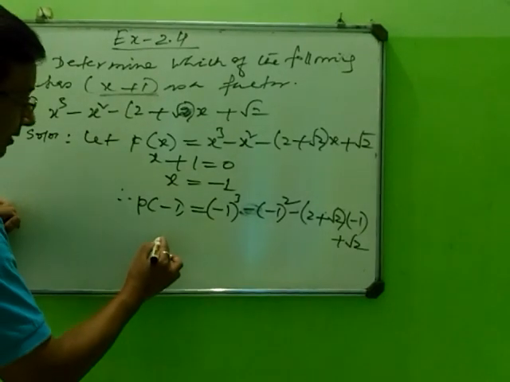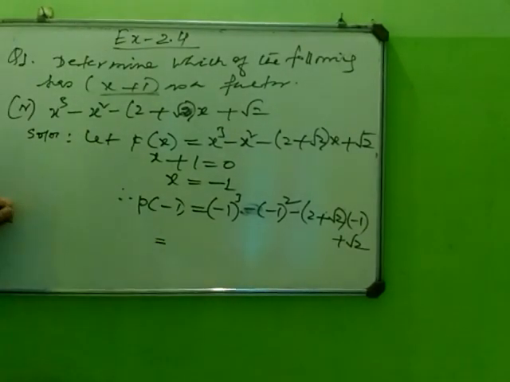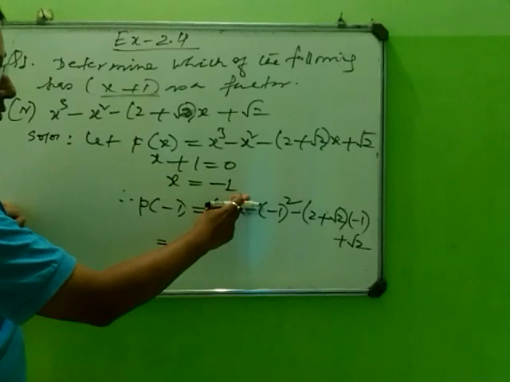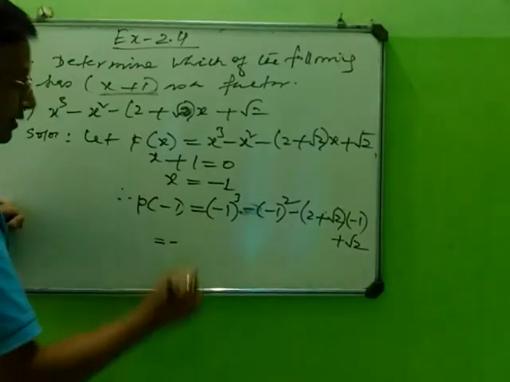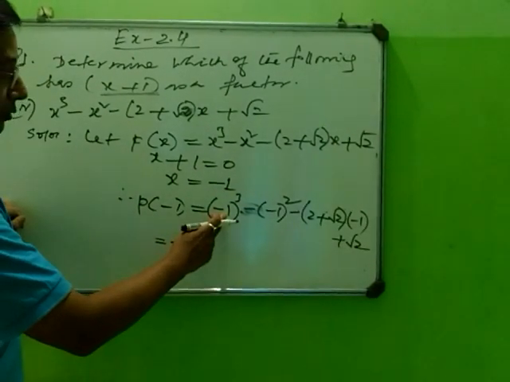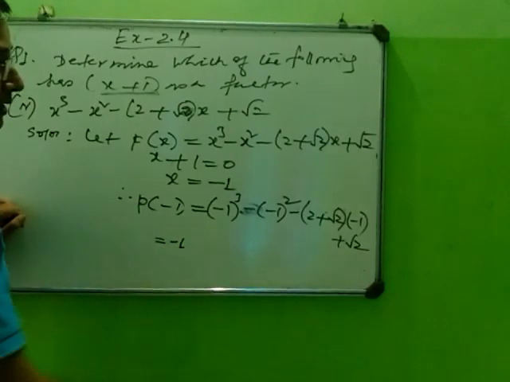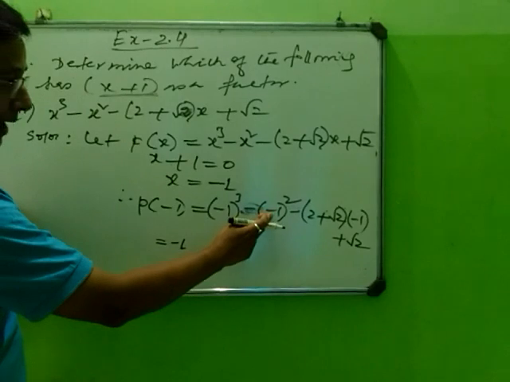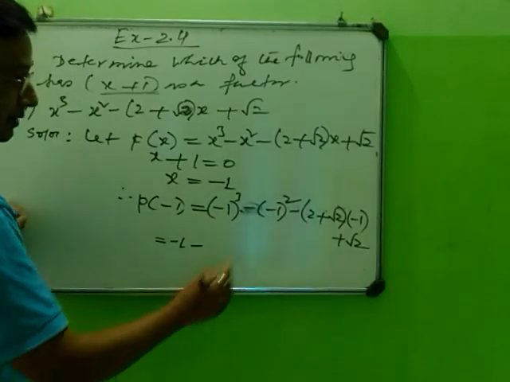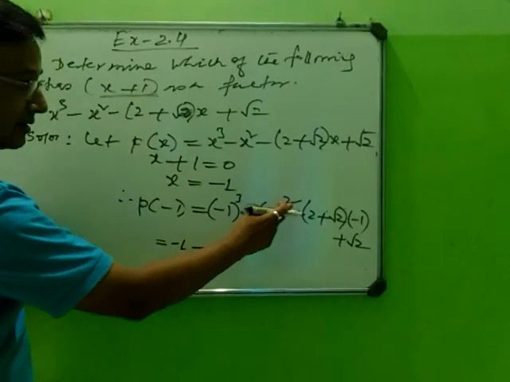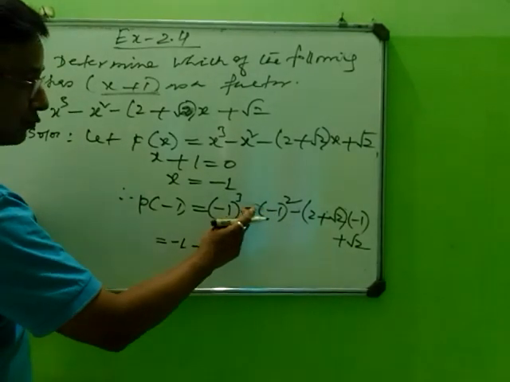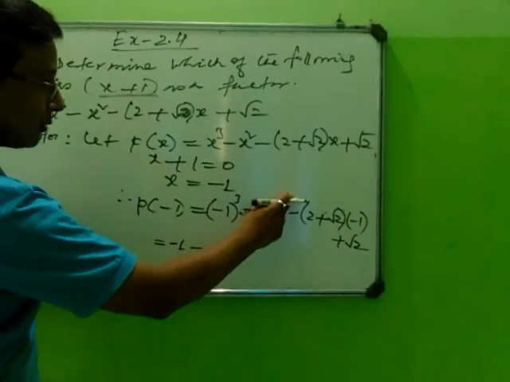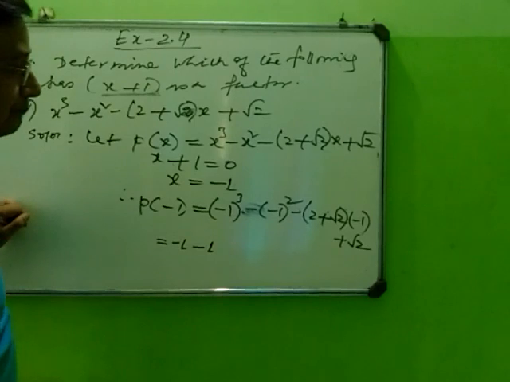Now simplify. The power is odd, the sign will be minus, 1 cube, so it will be minus 1. The power is even, sign will be plus, so plus into minus it will be minus. 1 square is 1.